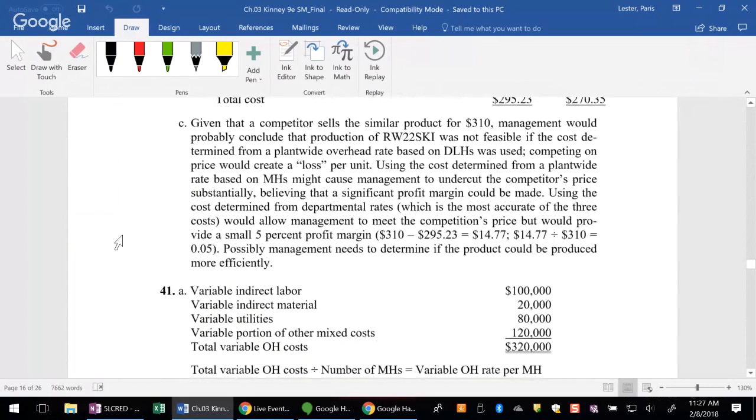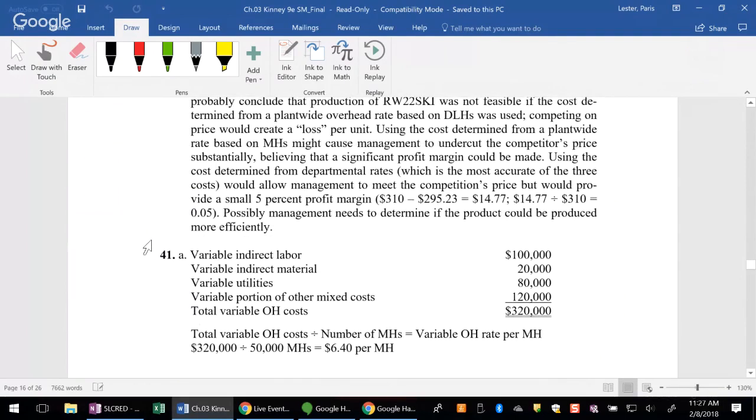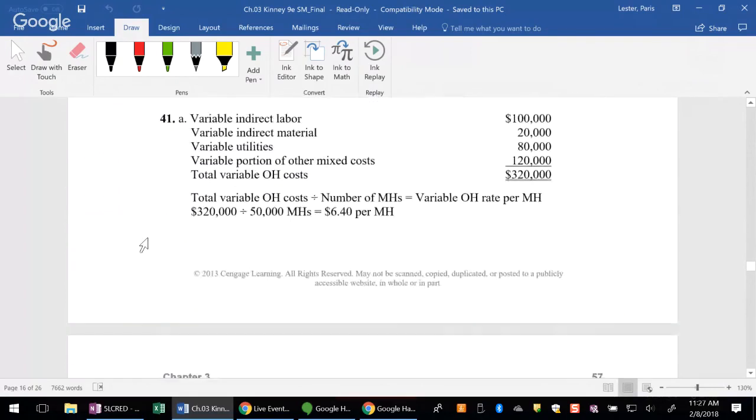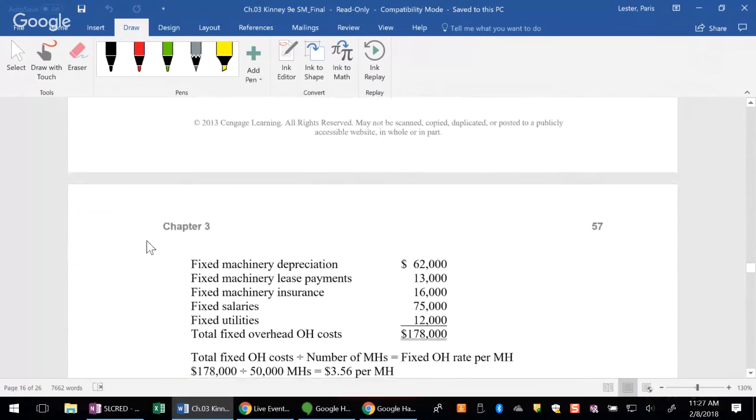This was all of your variable 320, and that rate was the 640, right? And then your next rate should be your 356. Okay, so it's easy to calculate overhead, Larry. It's easy. Now use it, okay?